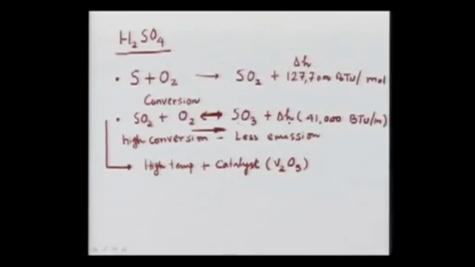So either we should consume the SO3 quickly, or if we have a very high amount of heat, the reaction tends to go backwards. So the issue is that somehow we must prevent the backward reaction.